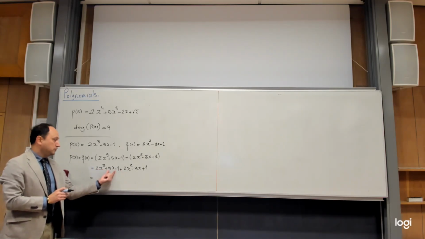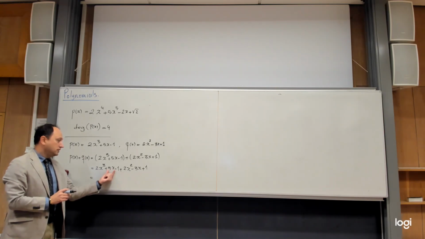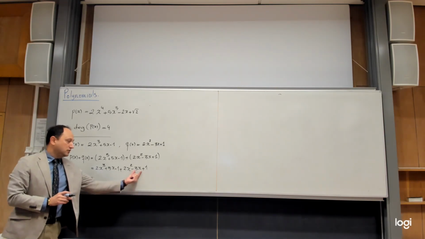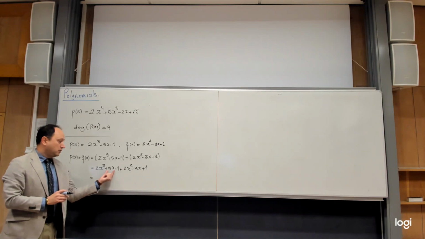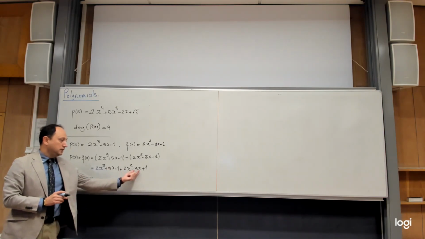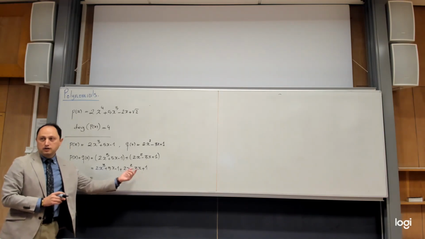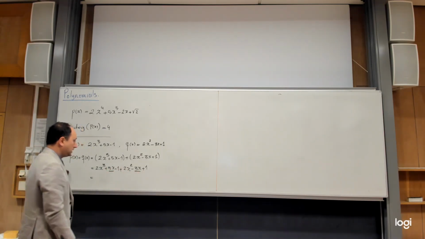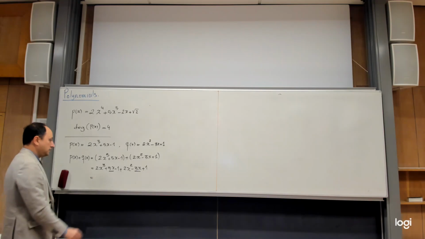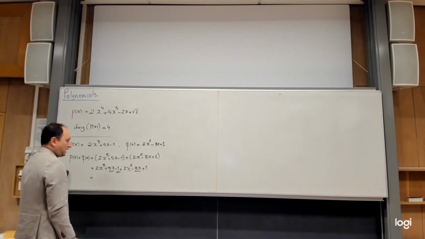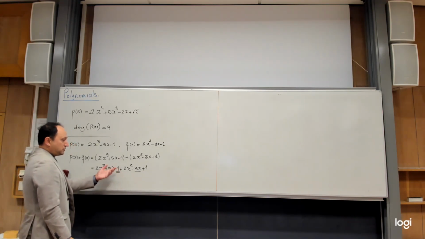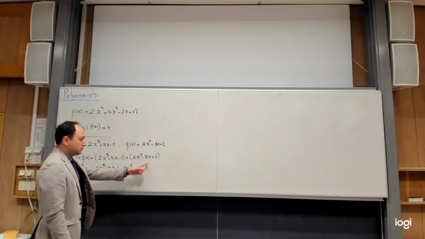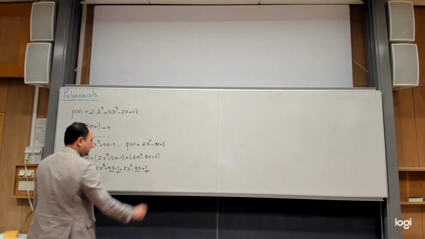But when I go to 5x, I have 5x here and minus 3x here, they are similar. Why? Because the letter part here is x, the letter part here is x, they are completely identical. Are there any other similar ones? Yes, here minus 1, actually the letter part is x to the 0, and the letter part is also x to the 0, we haven't written it down, so these two are similar.